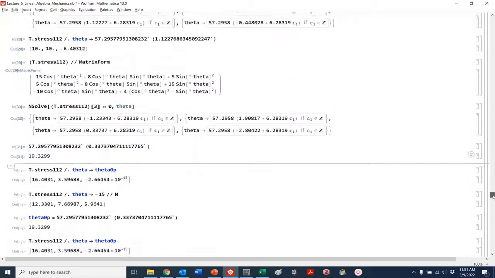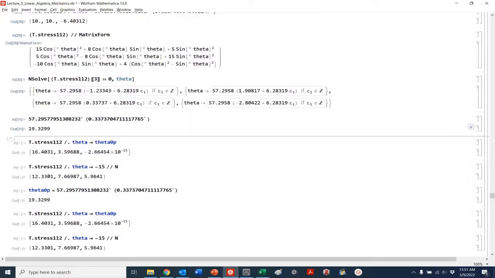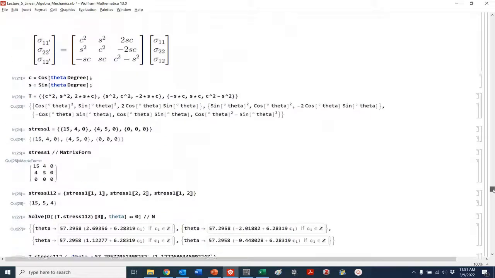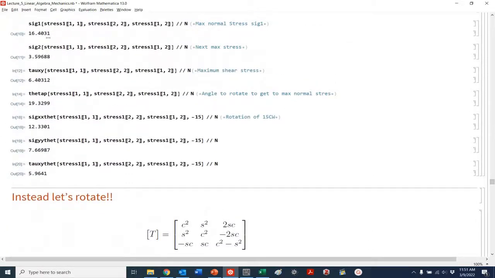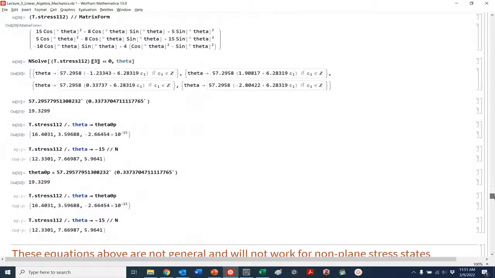Excellent. We'll call this theta P. I could plug this in and see my new stress state. Look, I have effectively no shear stresses. What's my maximum normal stress? 16.4. Next, 3.596. 16.4, 3.596. We're getting the same answer here.